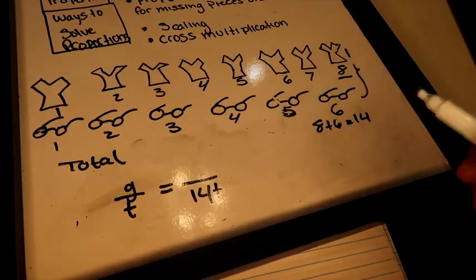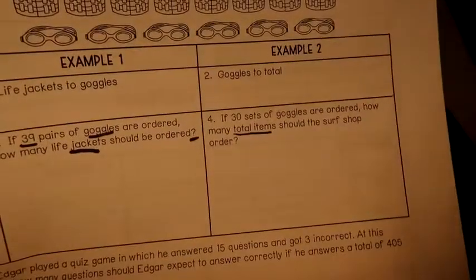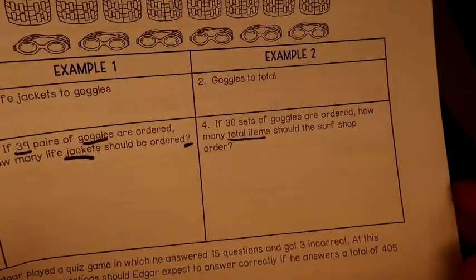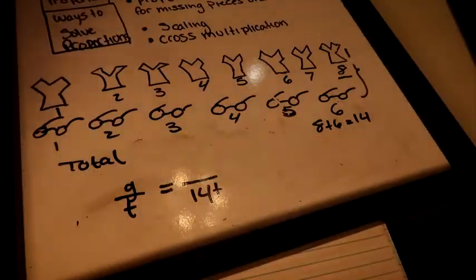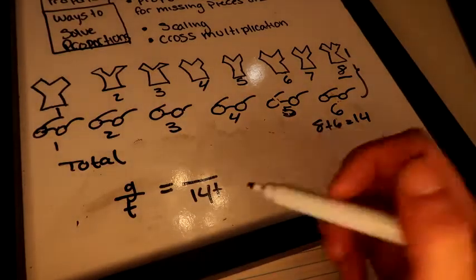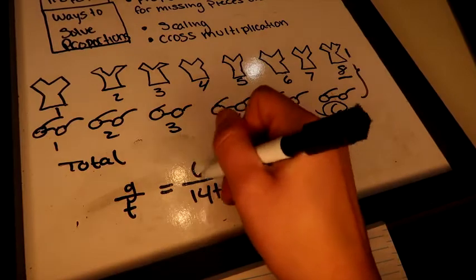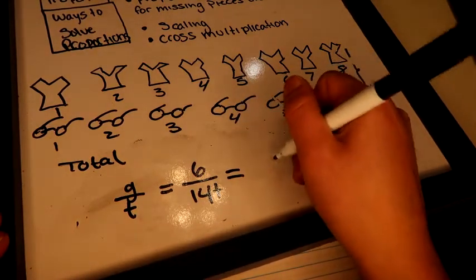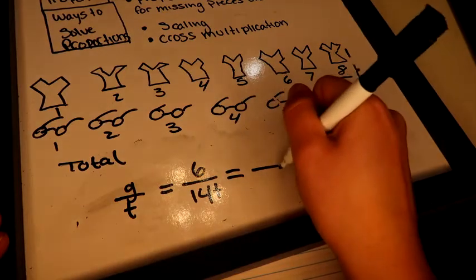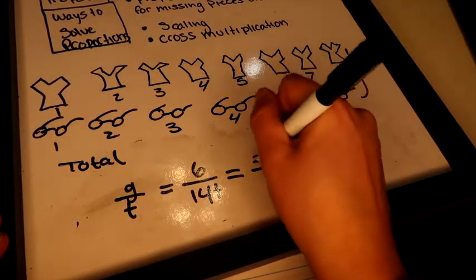And we are looking for, if 30 sets of goggles are ordered, how many items should the surf shop order? We are looking for goggles. So how many goggles do we have? 6. So make it equal to, make another proportion sign, and it is 30 sets.